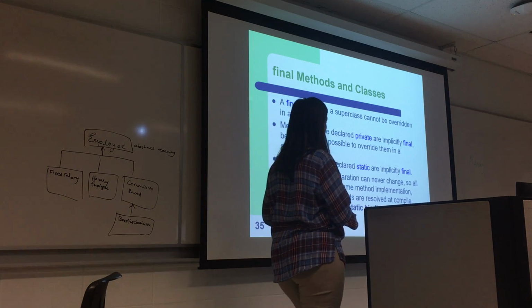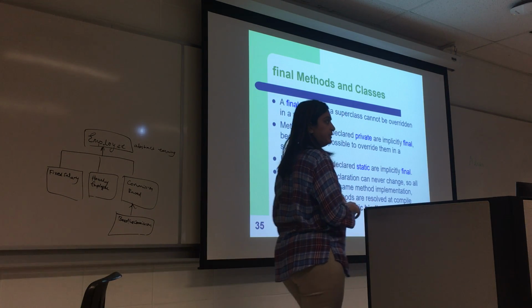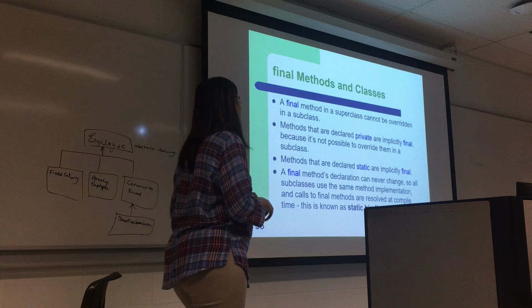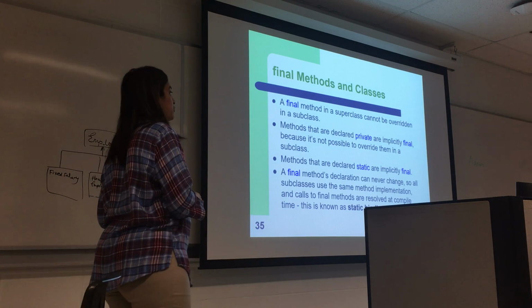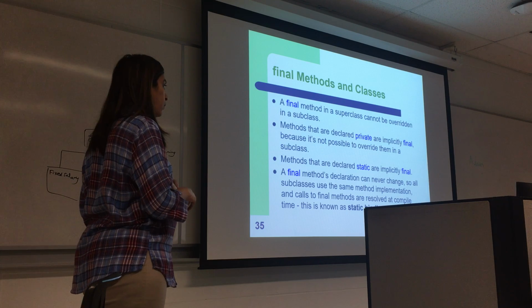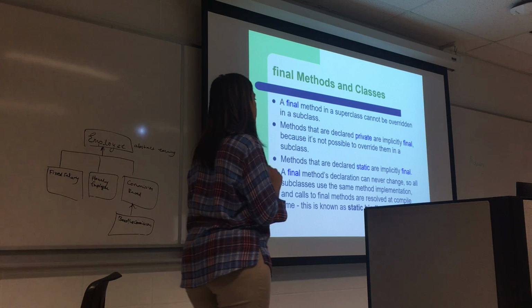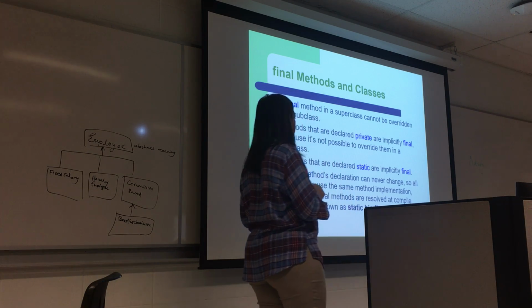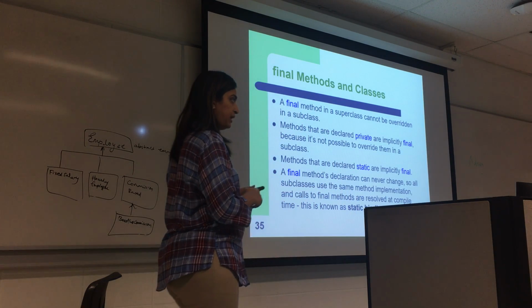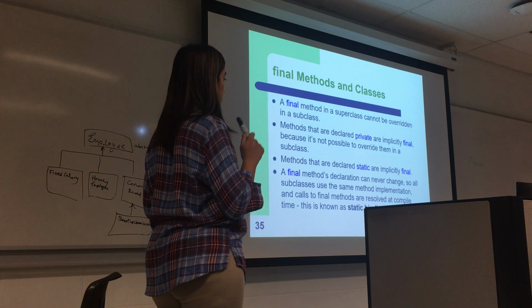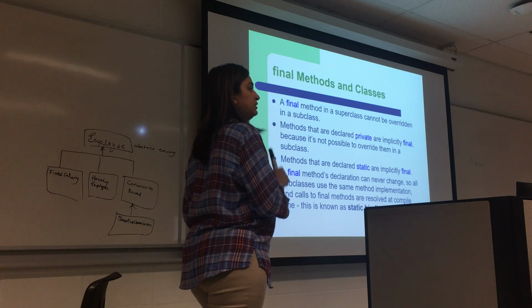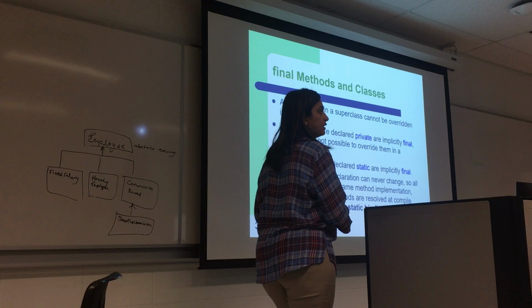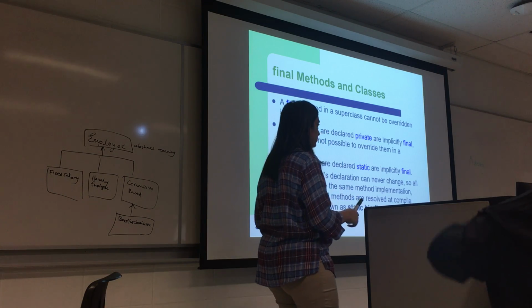Again, methods that are declared static are also implicitly final. A final method's declaration can never change. So all subclasses use the same method implementation, and calls to final methods are resolved at compile time. This is called static binding. Now final, static or private, these three kinds of members are all final; they cannot be overridden.